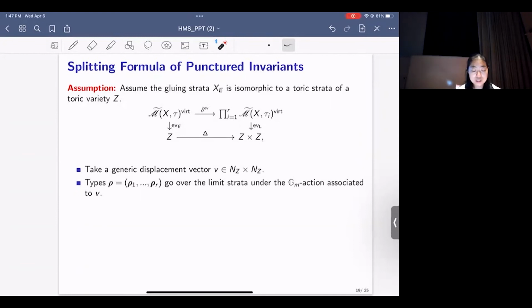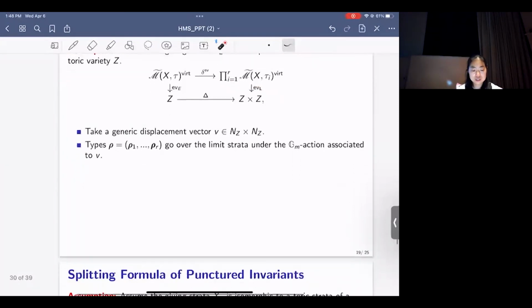So it is enough to take a generic displacement vector on the lower part, inside N_Z × N_Z, and it can be lifted into a G_m action upstairs. If we take the limit as t goes to 0, we can read off the strata upstairs giving a rationally equivalent class.